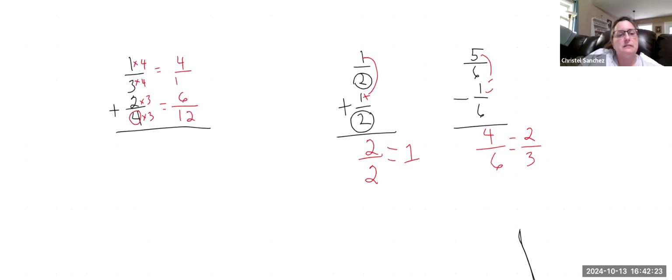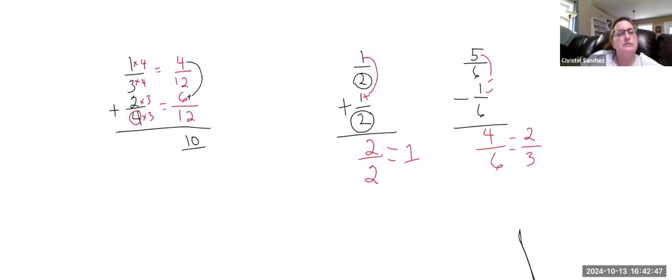Now, are my denominators the same? Yes. So now I can go ahead and work my problem. I am going to add 4 plus 6, which gives me 10. And what do I do with this same denominator? I'm just going to carry it down.